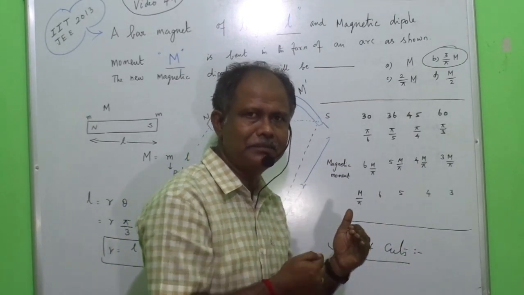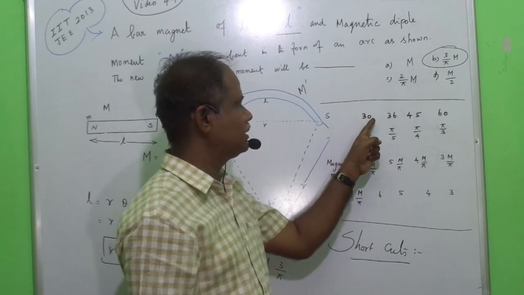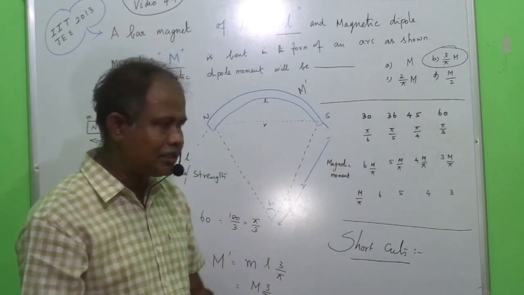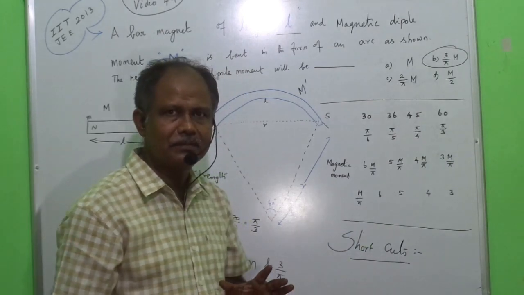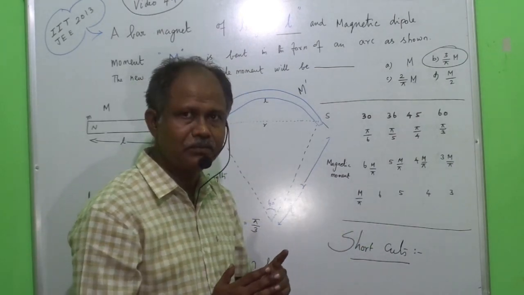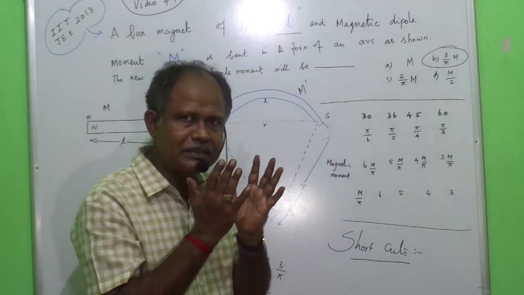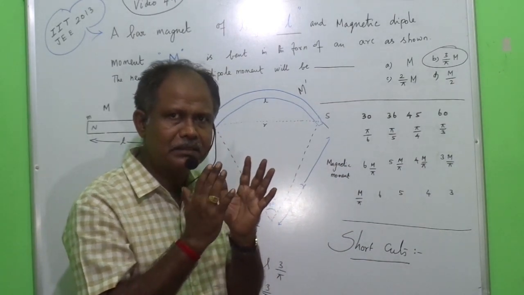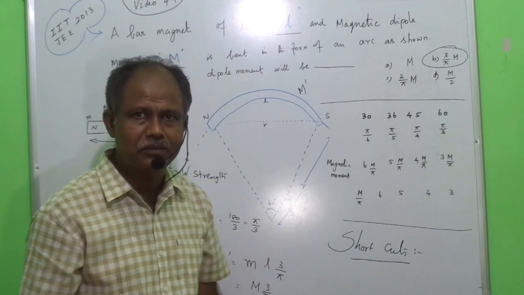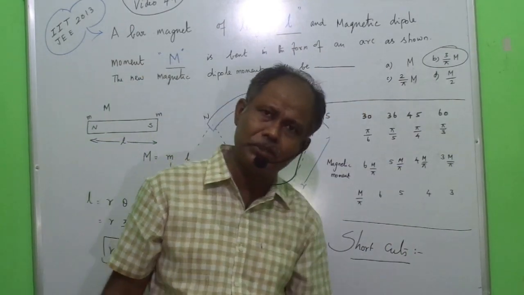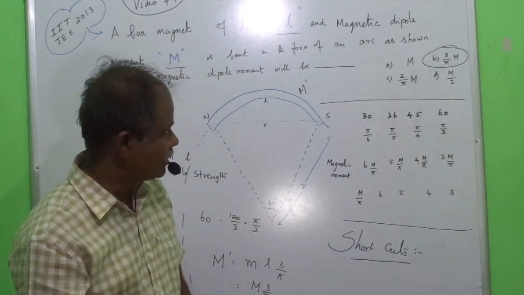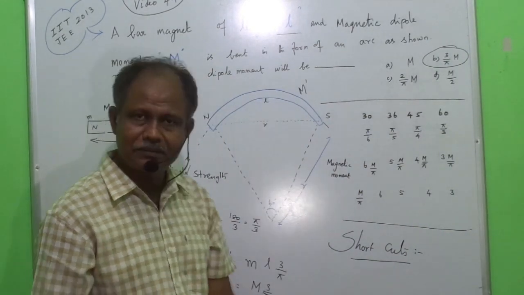If it is 33, the answer must be between 6 and 5. In that manner, you can guess and get your answer in a short interval of time and score more. It's a very interesting shortcut. Just do it at home and you can get your answer clearly.